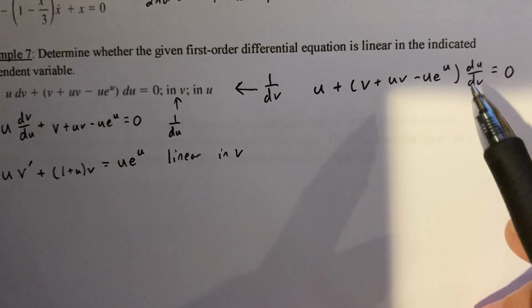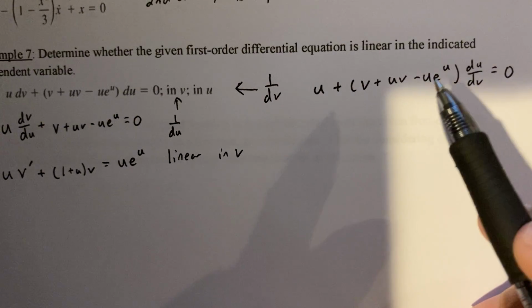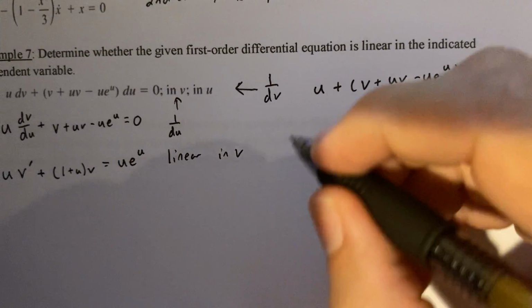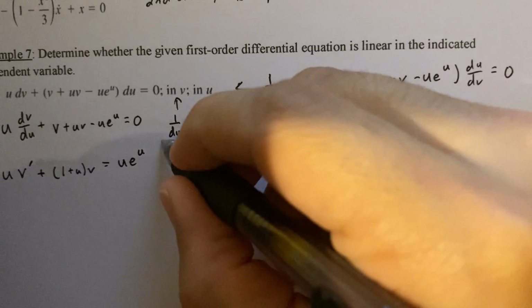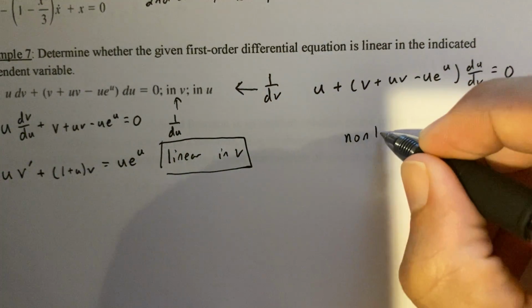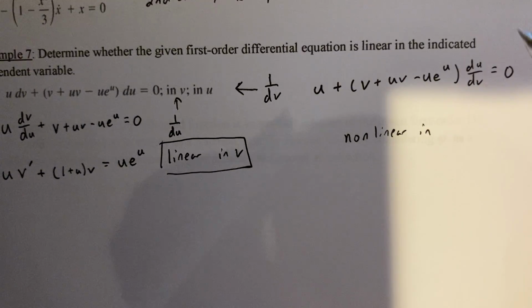So that's what's making this nonlinear, because we have a function of v inside of the term that's multiplying the du over dv, and there's no way I can fix that or get it away from that differential equation. So then it is linear in v, nonlinear in u as the dependent variable.